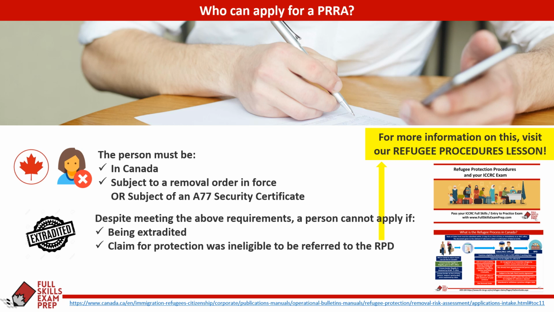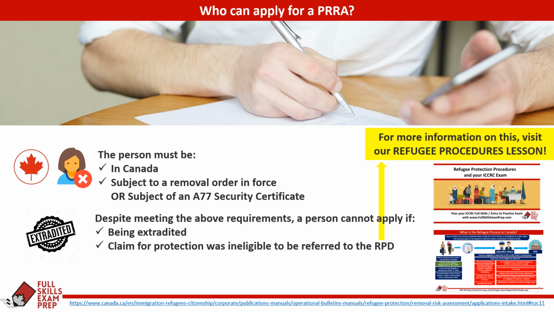But I think you get the idea that a lot of these topics interlink with each other. So if you've mastered refugees, this is going to help you with a lot of other topics as well, right? But we have to know all the puzzle pieces. We have to have all the puzzle pieces covered. And of course, PRRA forms one of those puzzle pieces.